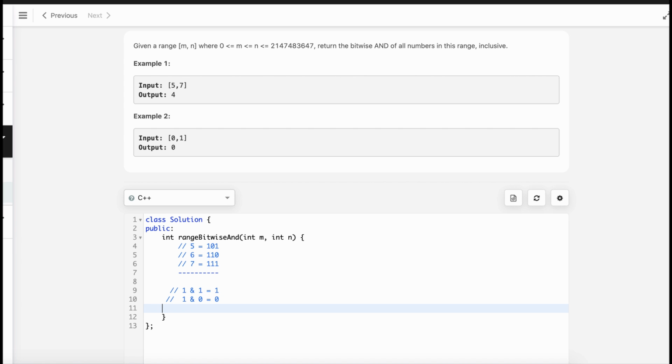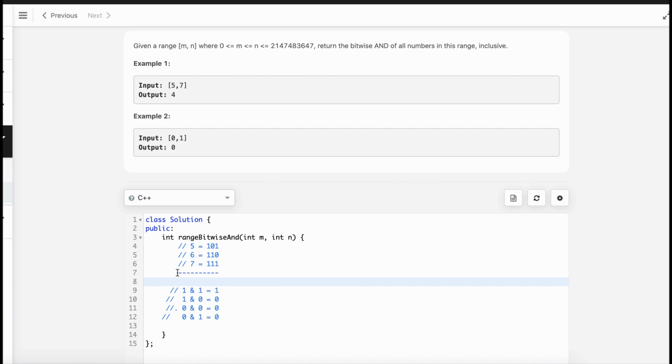In every other combination of bits, it will be 0. ANDing with 0 will be 0. So only the combination of 1 with 1 will become 1. Every other value will become 0. This is the rule for the AND operation.